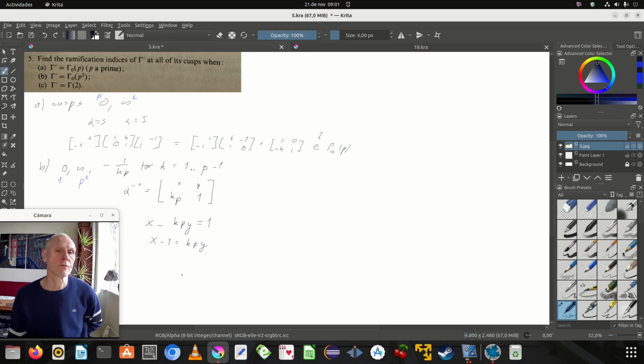Oh, that's really pretty simple. If we choose this to be 1, then this can be kp plus 1. So let's get kp plus 1 minus kp. Excellent.